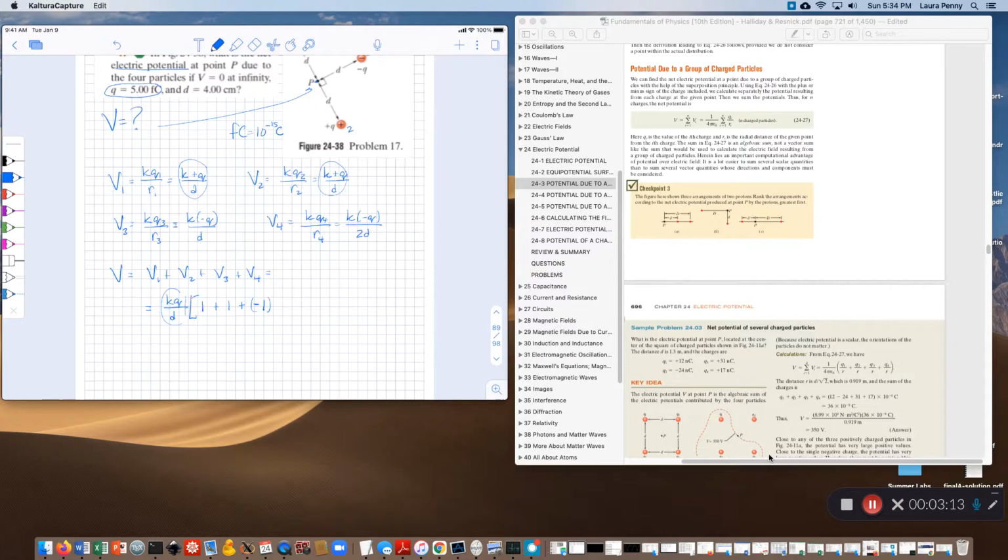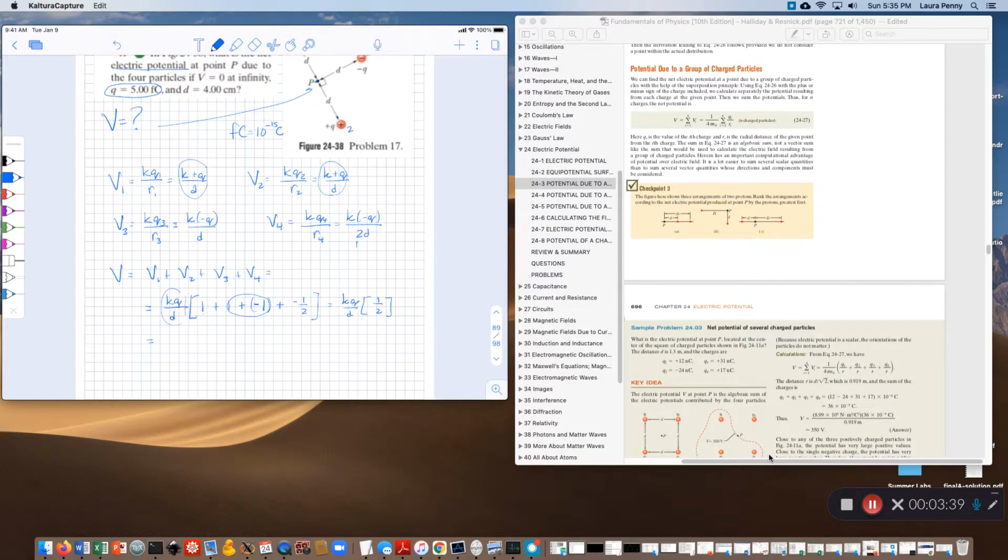And then this is a negative 1/2, right? It's got a 2D in the bottom. And then I just have K, Q over D, and I have a number. So I have 1 plus 1 minus 1/2. So this is just 1/2 inside here, right? These two go away from each other, and 1 minus 1/2 is that.